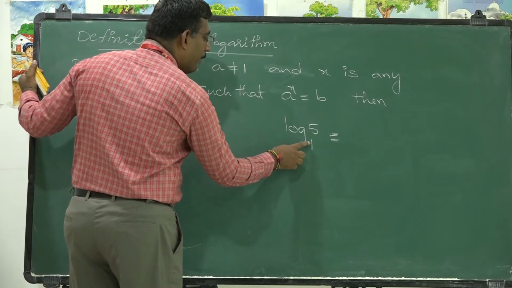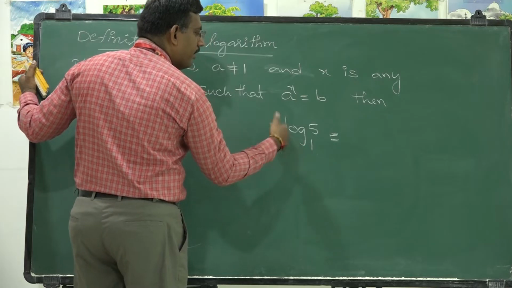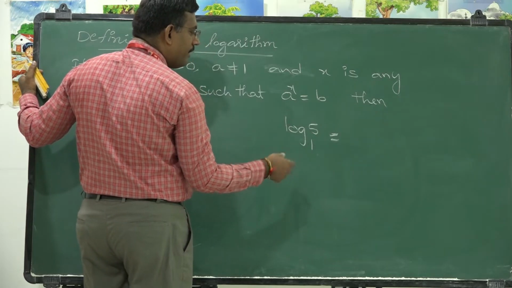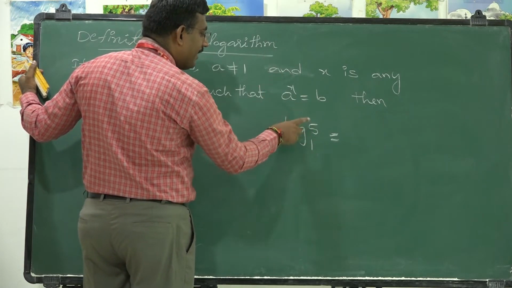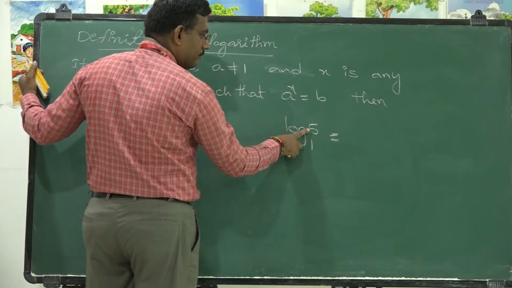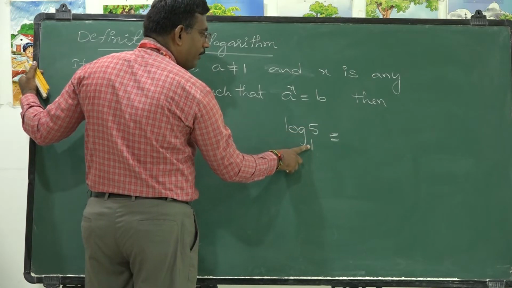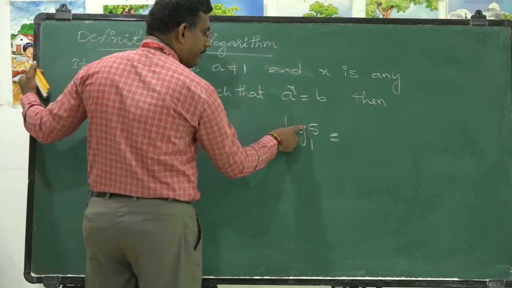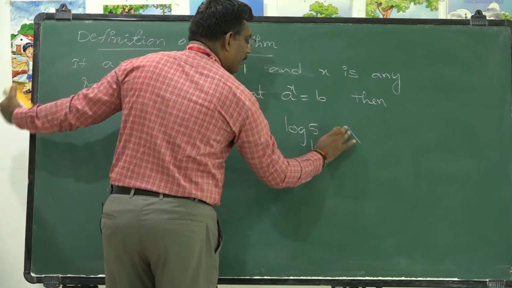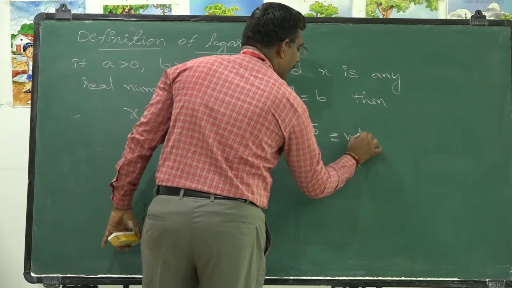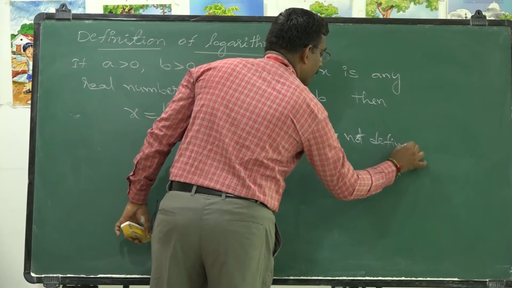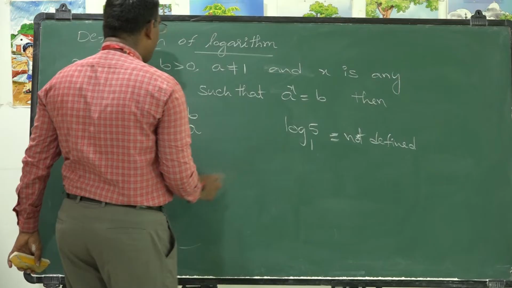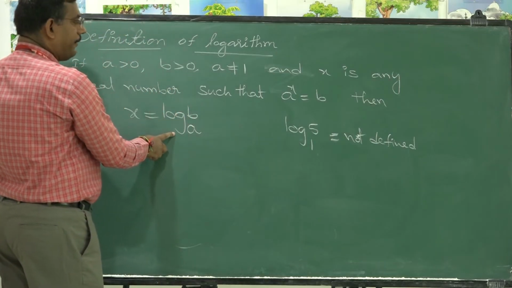If we multiply 1 any number of times, we get only 1 but not 5. So log 5 base 1 is not defined.